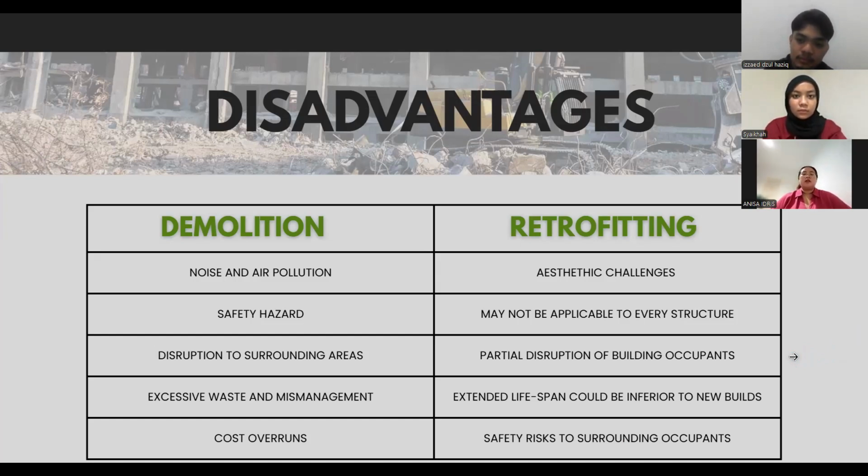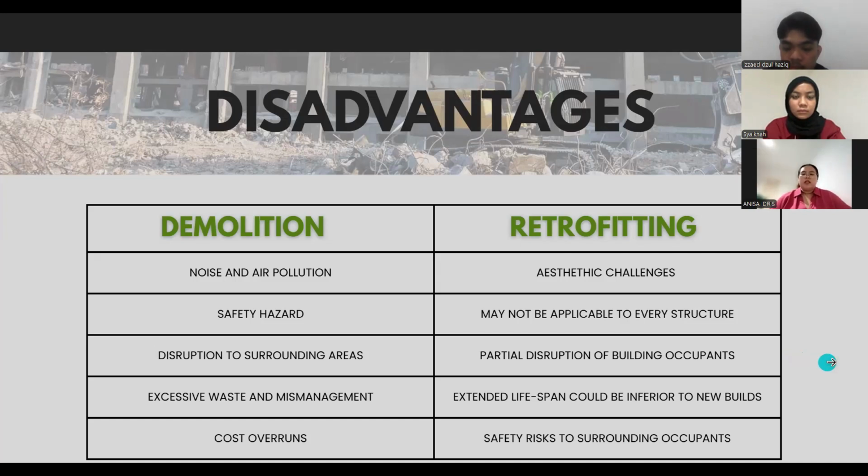It also causes excessive waste and mismanagement because construction workers don't usually know how to manage the residuals from the demolition itself. It also causes cost overrun because there's always a possibility of objects that are not supposed to break, breaking, and also injuries to the workers.